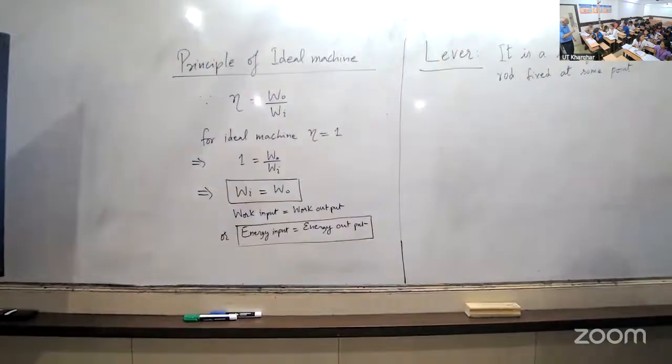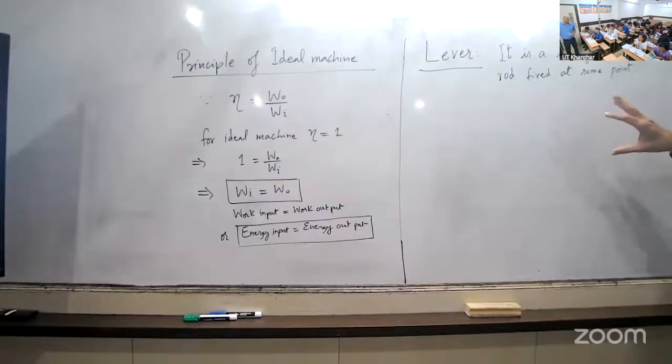That point can be somewhere in the middle or it can be at the side. Okay? So depending upon where is the fixed point, there are three types or three classes of lever.